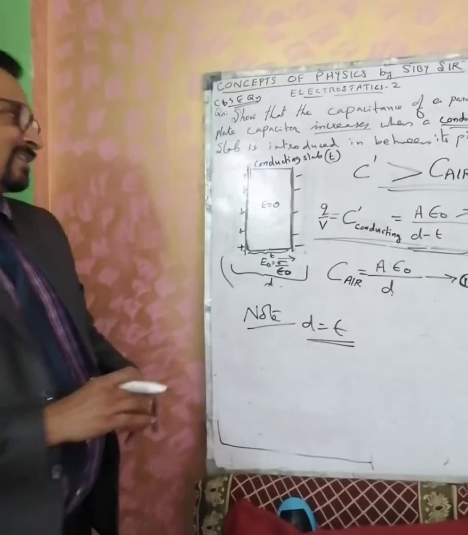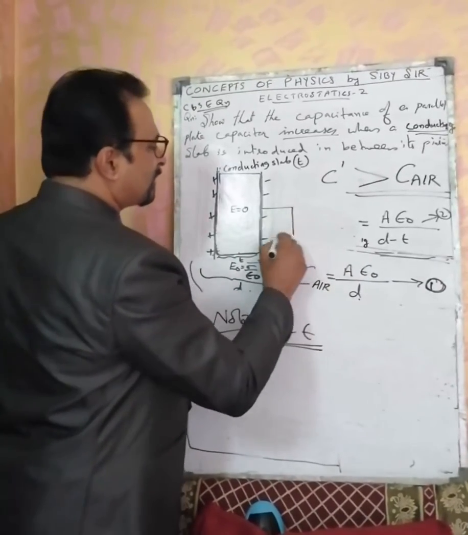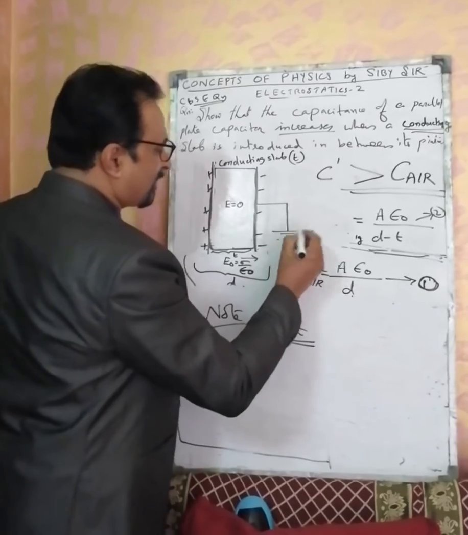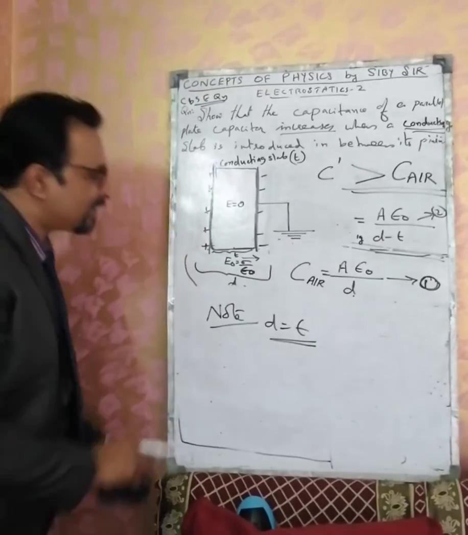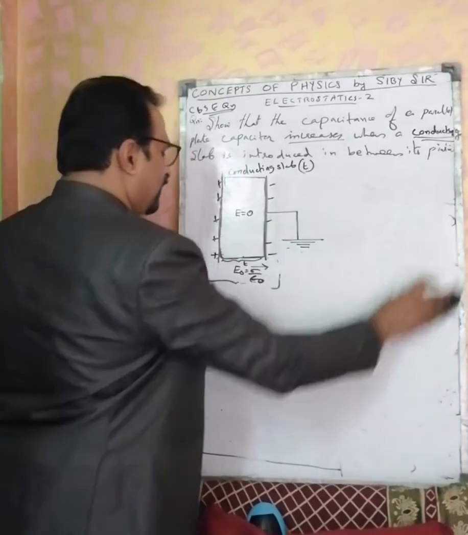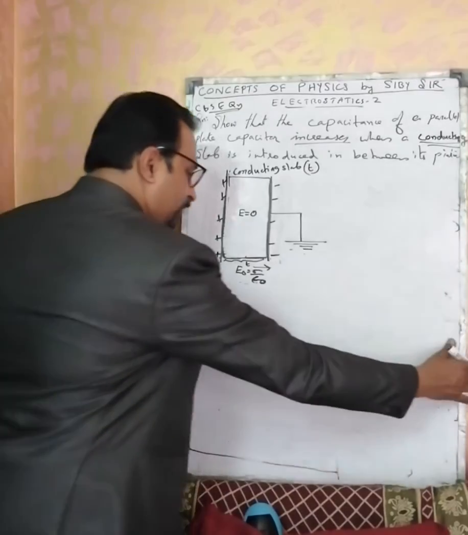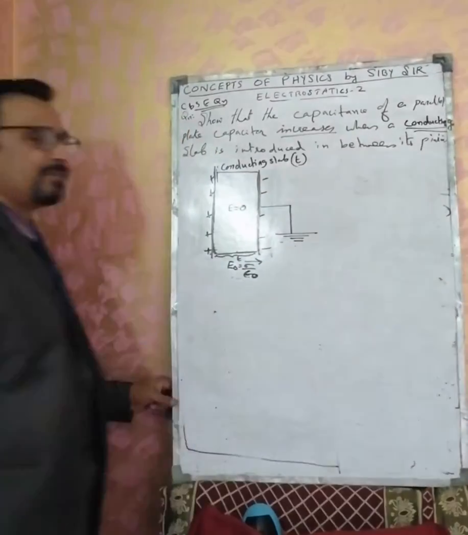You know what is a capacitor? If a charged plate is placed near to an earthed uncharged conductor, this arrangement is called a capacitor. And a capacitor, you know, is an arrangement for storing a large quantity of charge.